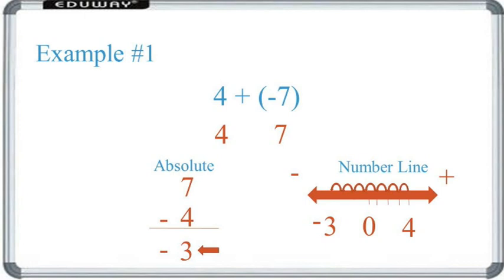It will get you the correct answer, but I do want to point that out because I feel like the number line method is a little more helpful to students in general because it trains them how to think and how to understand what's going on with the numbers.